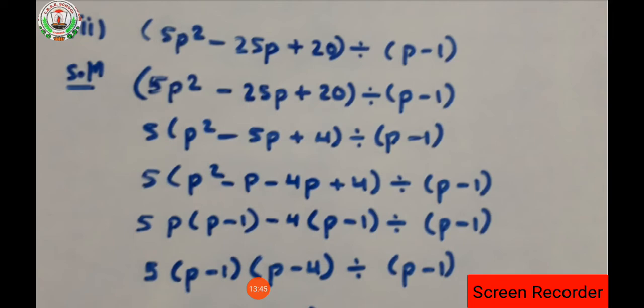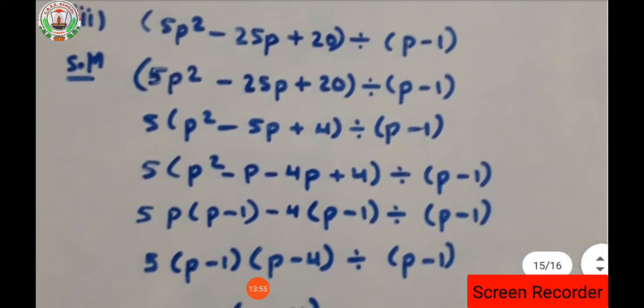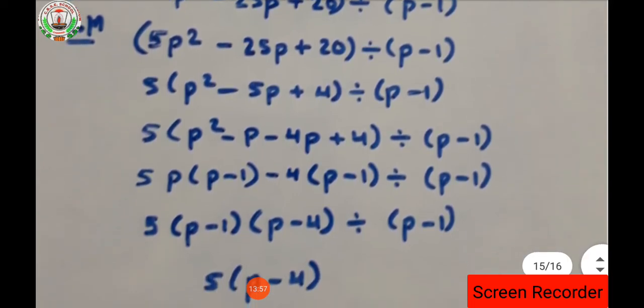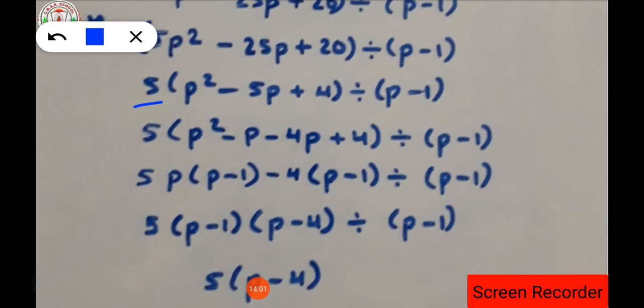If you don't want to take common, you can split 25 and make the pair of the two numbers and then take common. Whatever method you feel easy, you can solve by that method. So if we take 5 as common, what is left out? That is p square minus 5p plus 4 divided by p minus 1, isn't it?